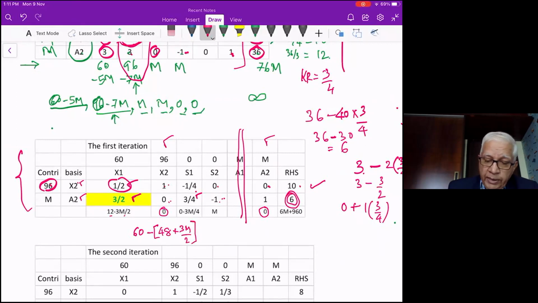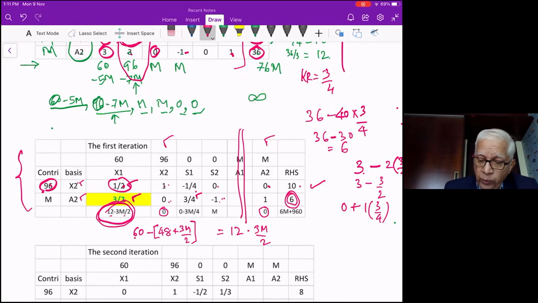So 60 minus 1 by 2 into 96 plus 3 by 2 into m. This is the value shown over here. 60 minus 48 will be 12, minus 3m upon 2. So 12 minus 3m upon 2 is the value which is appearing here.